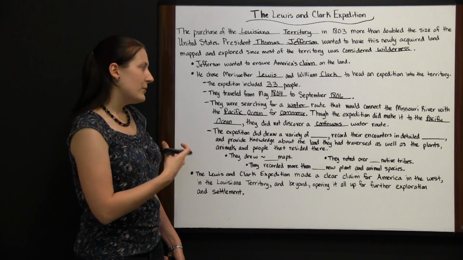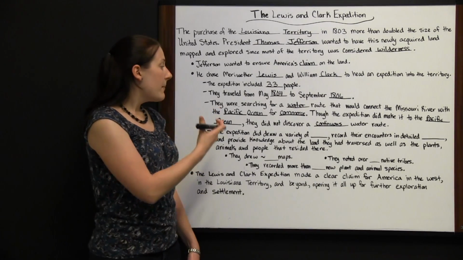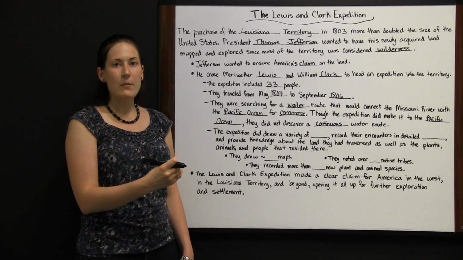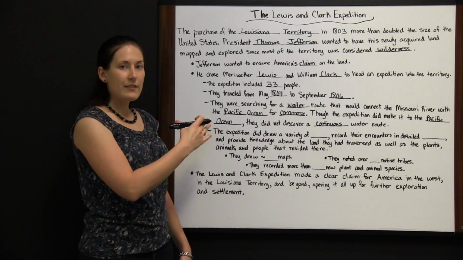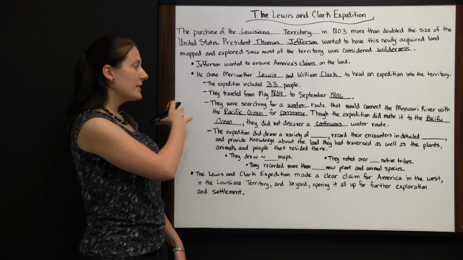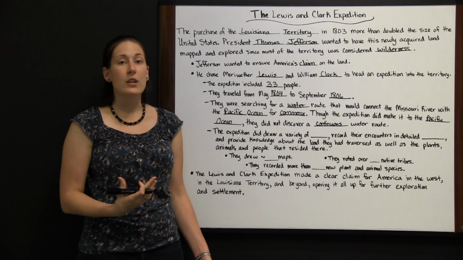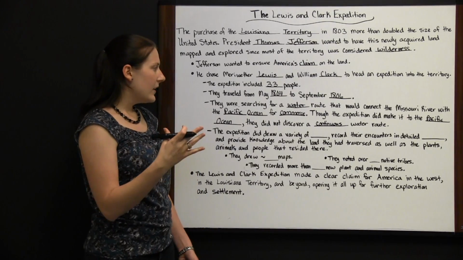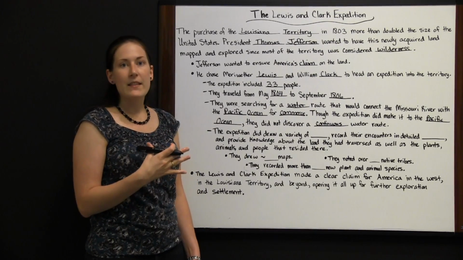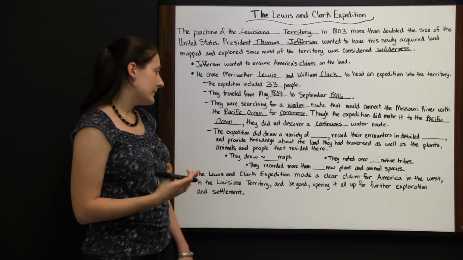So they weren't able to travel continually by water, but they did travel all the way from known American settlements up the Missouri River and some other rivers and then across land until they reached the Pacific Ocean. And they've gone further with mapping than any other Americans had gone.